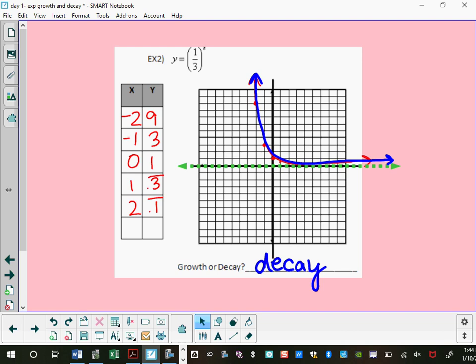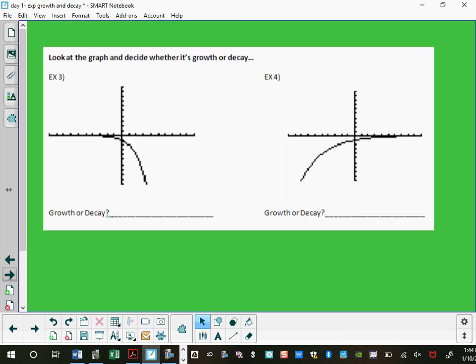All right, I want you guys to do examples 3 and 4 at the bottom of the page. You can assume that your asymptote is here and here, because that's where it starts to flatten out. So Sienna, from left to right, example 3.